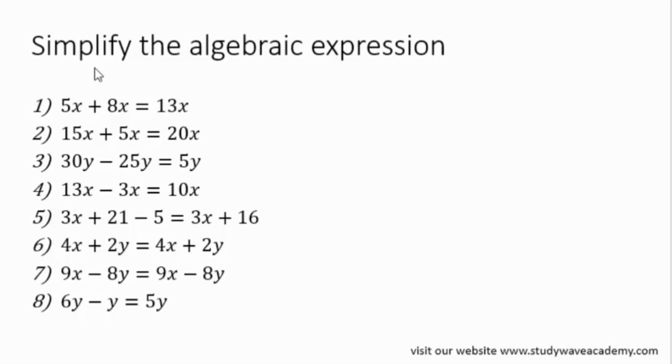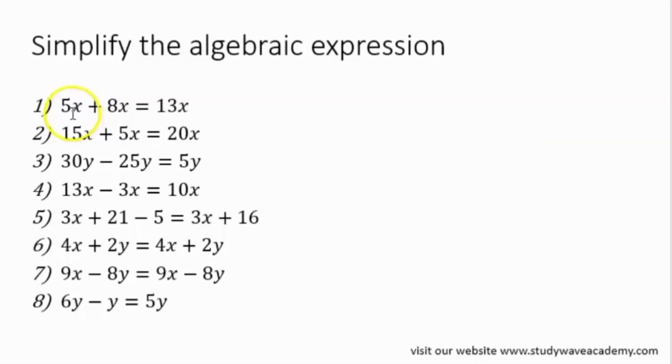Number one, we have 5x plus 8x. The two numbers have a variable attached to them, and the variable there is x. Remember, we said variables are letters.